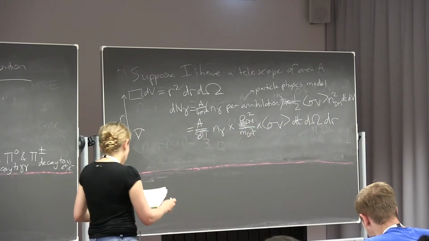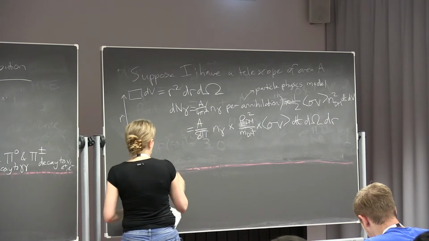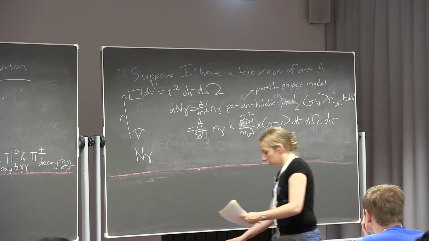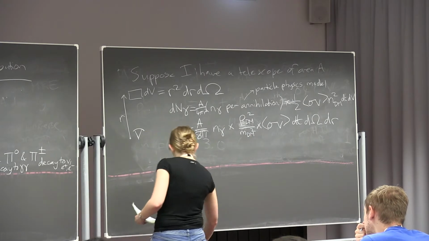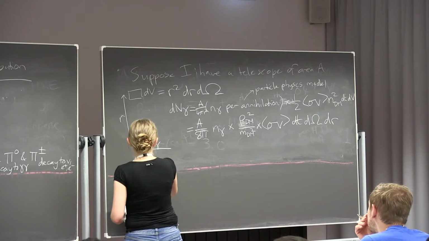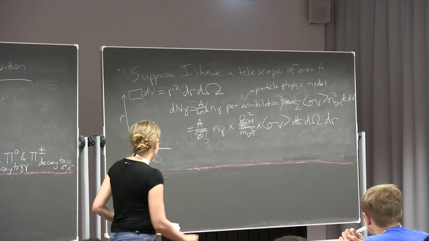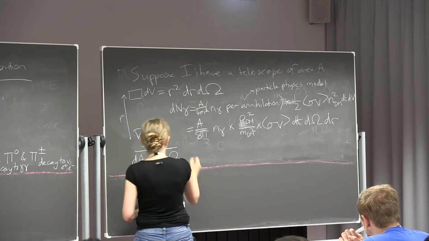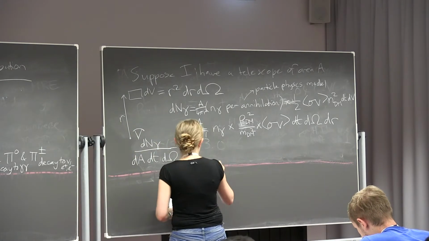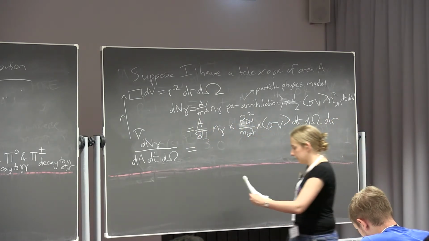So this is from a specific box subtending a specific solid angle at a specific radius. My actual observable quantity is going to be the number of observed photons per unit area of my telescope, per time that I observe for, and per solid angle that the observation is in. So I'm going to take out these A, dt, and d omega factors.